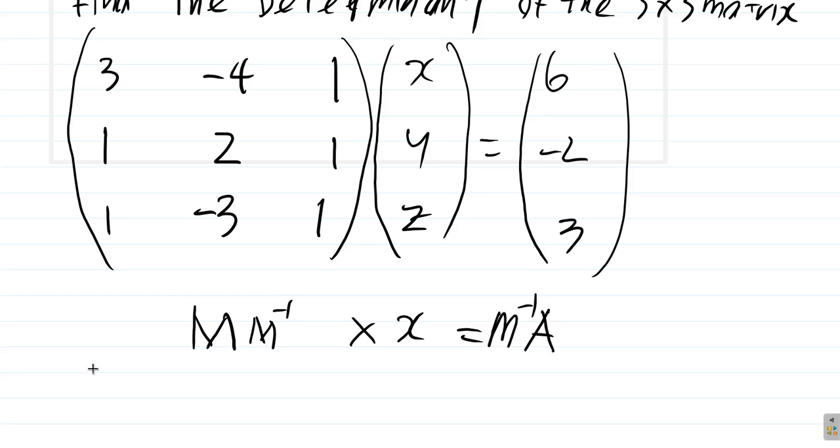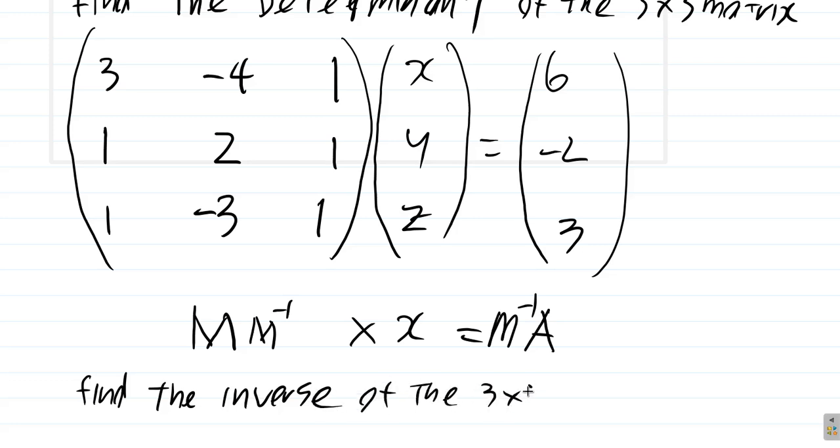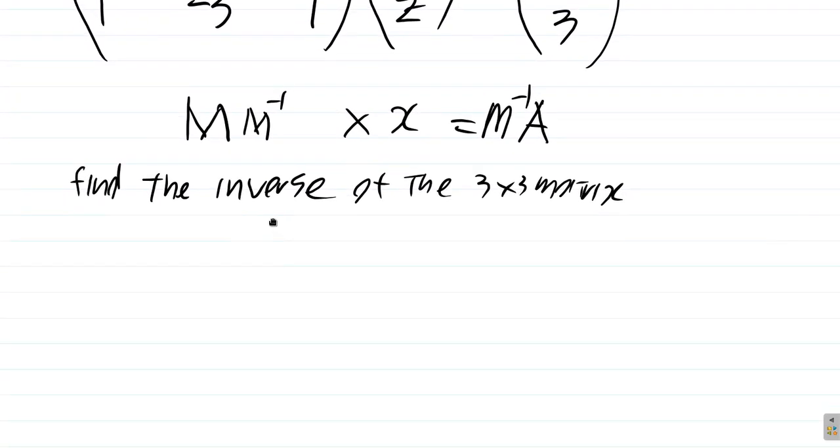So if we're going to find the inverse of the 3 by 3 matrix, in order to find the inverse, we find the determinant.